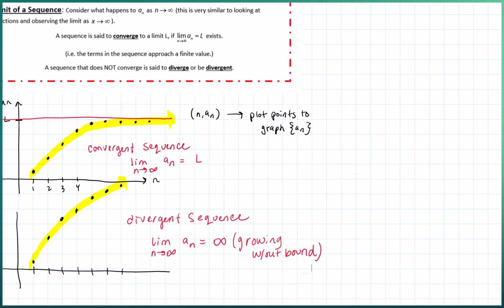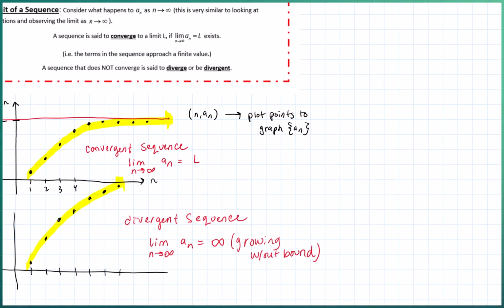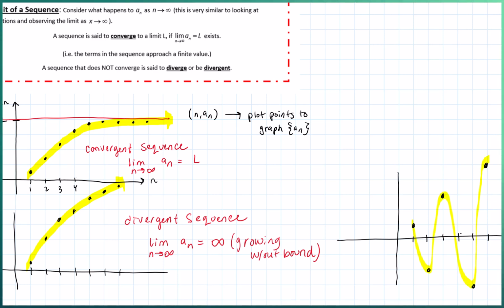Another way that we could have a divergent sequence is through some kind of oscillation. If we were graphing it, and let's just suppose we were plotting the terms off of their index and it was doing something like that, this infinite oscillation.